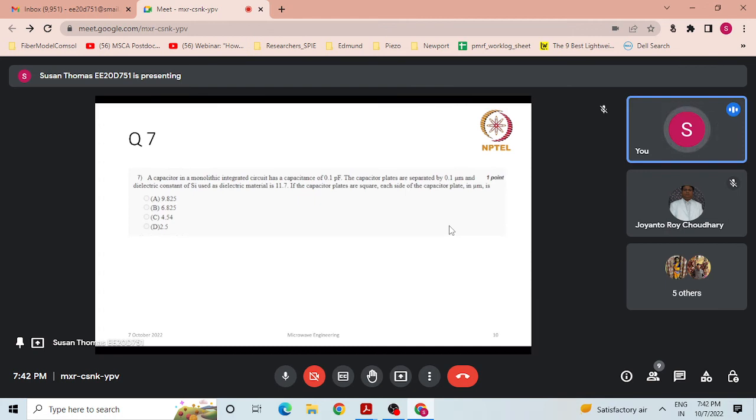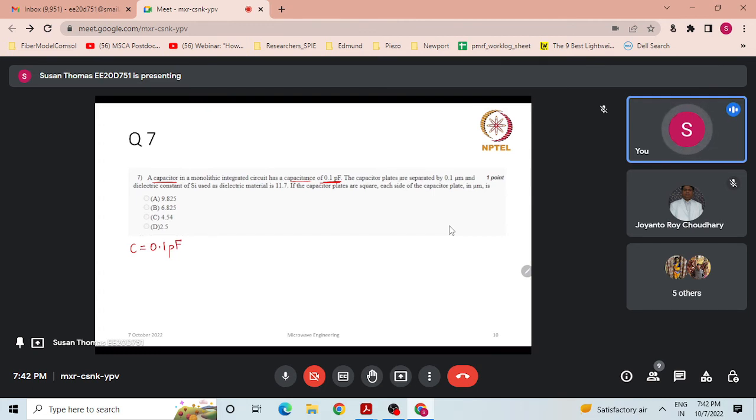Okay, so this question is on realizing a capacitor in a monolithic integrated circuit. Let us read the question once and then try to understand. A capacitor in a monolithic integrated circuit has a capacitance of 0.1 picofarad. So the capacitor we are realizing is 0.1 picofarad.